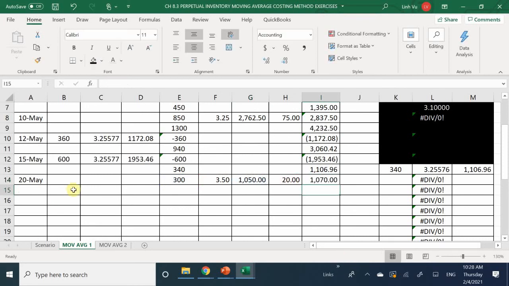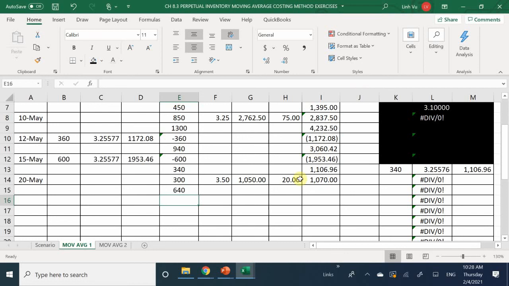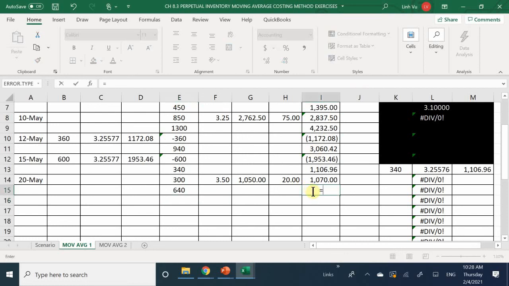Good. So now because I have the number that I solved from the previous section, I'm going to go ahead and add those numbers together. So now I should have a total of 640 in my inventory. And the total cost of that is going to be you making that calculation here. You add these two numbers together.